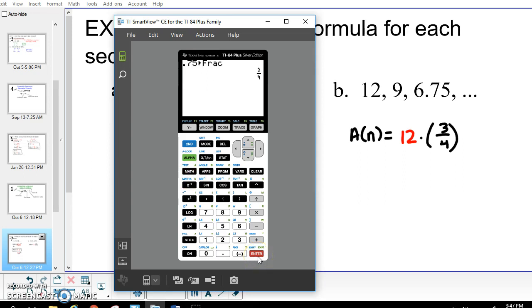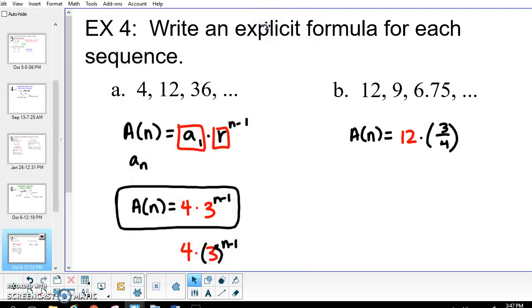Or you can hit your second ABC button if you have just a little scientific calculator. So 3/4 to the n minus 1. Okay.